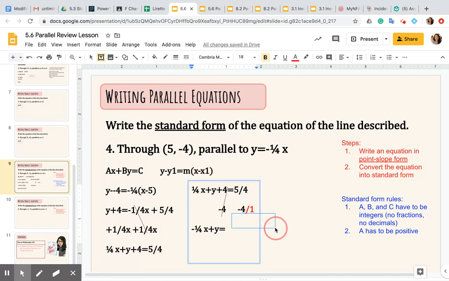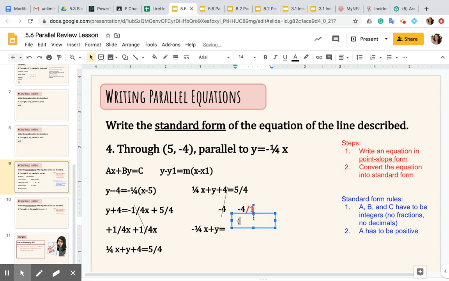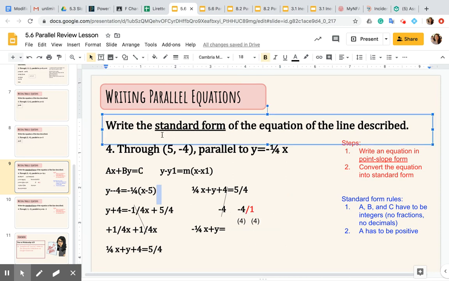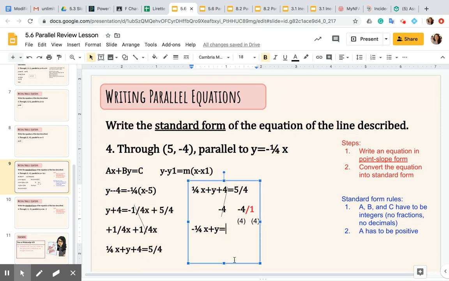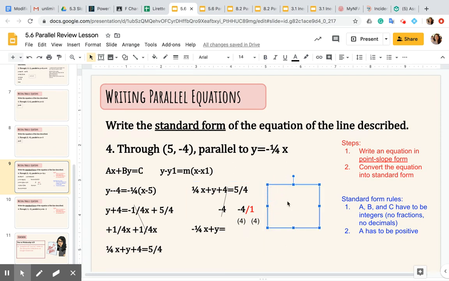I'm going to just insert a new text box, and I'm going to say times 4, using parentheses, to the top and bottom. Okay? And I'm going to actually show my work off to the side here. You're not going to need to do all this on your slide. It's highly encouraged that you do all of this on paper, and you just pick up here whenever you get your final answer. But I'm going to show you the work just so it's clear how I'm getting this fraction.